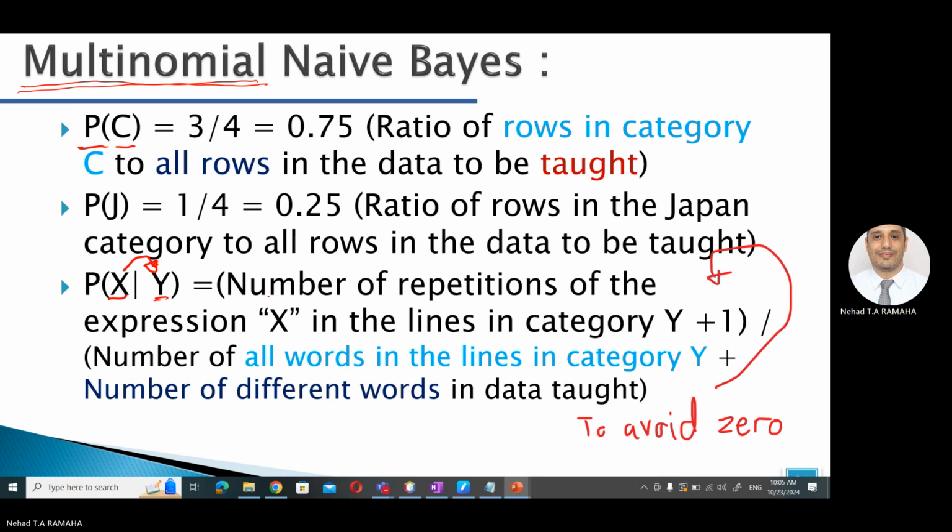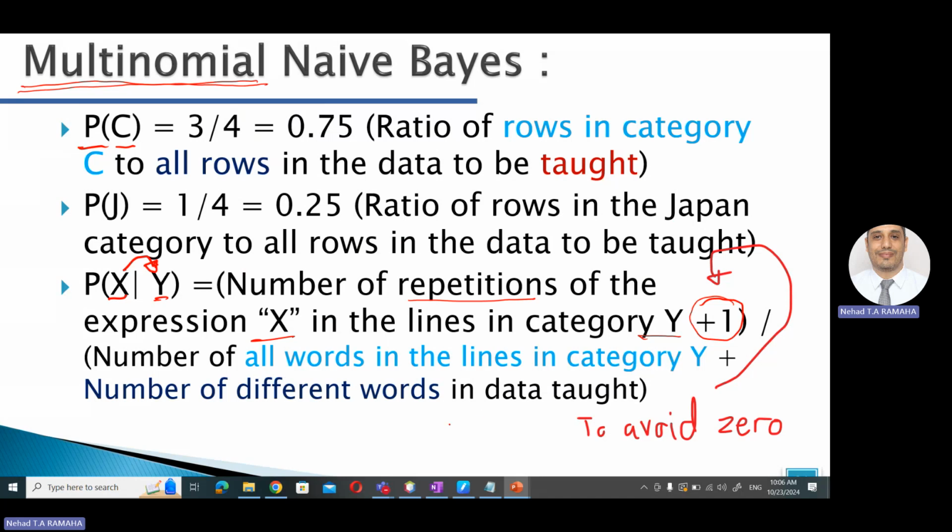It's the number of repetitions: calculate how many times the expression X or word X is repeated, for example, the China word, in the category Y, plus 1. Why did we say plus 1? To avoid the multiplication with 0.